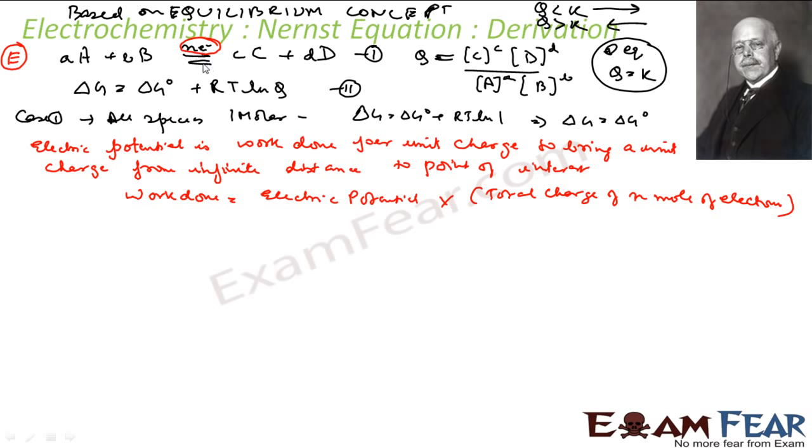We are using n moles actually, because A moles, B moles, C moles, D moles, then it's n moles by default. So we have to first find the total charge on n moles of electrons. We'll multiply with the electric potential, we'll get the work done by the system, correct?